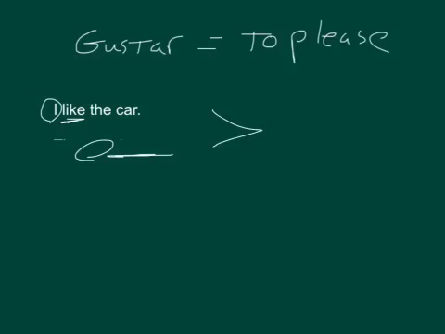But if it means to please, then we would conjugate gustar for the car, which would be gusta. And so if we say gusto, that's going to be similar to saying the car pleased me, and that's not what we need to say. We need to say it pleases me.